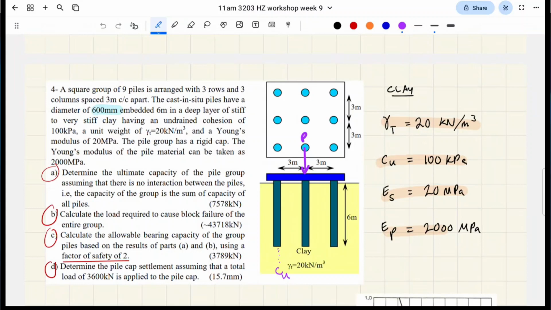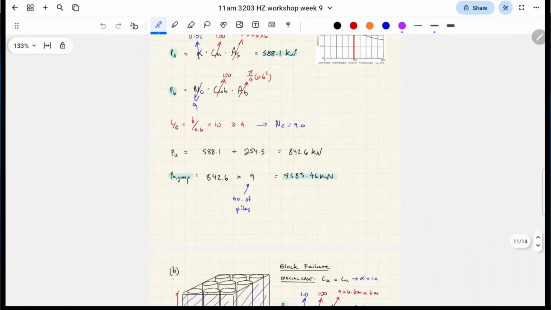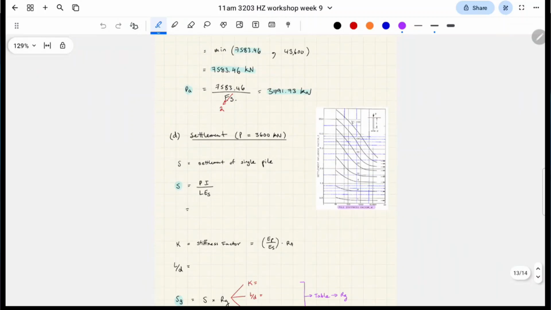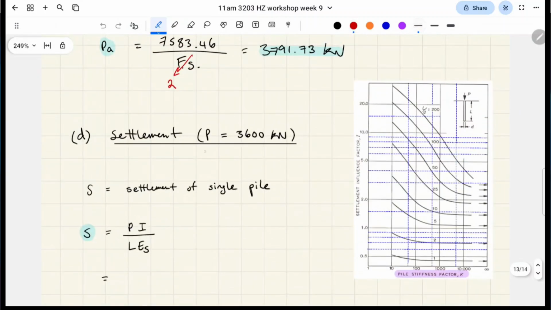If you look at it top down, your force is applied maybe at the middle, and you just have to assume the force is distributed evenly between all of the piles. So essentially you have to divide this number by 9. You take P, which is a really large number, and you divide it by 9 because we have 9 piles, okay?